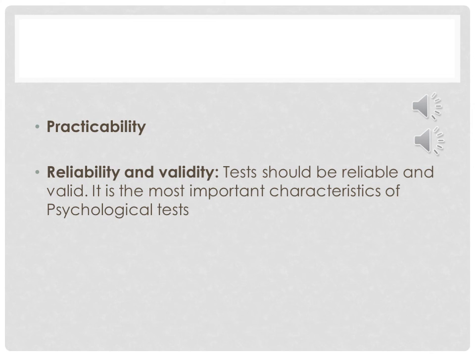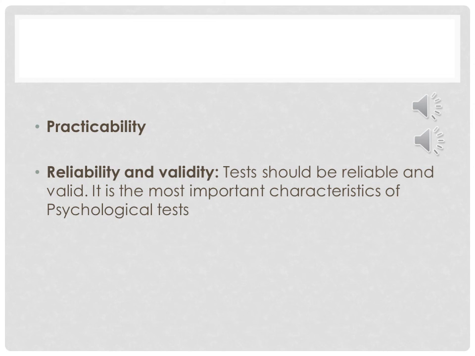And when we move to the term validity, it refers to the extent to which the test measures what it intends to measure. For example, when an intelligence test is developed to assess the level of intelligence, it should assess the intelligence of the person, not other factors.